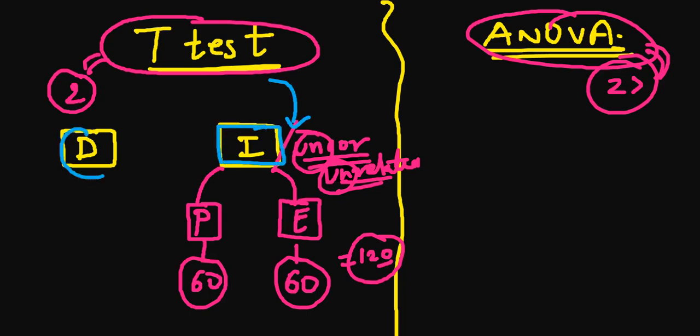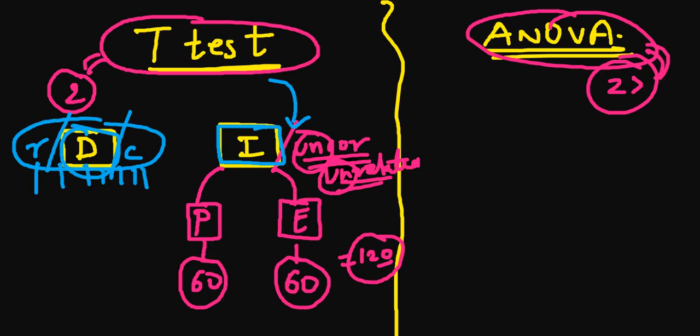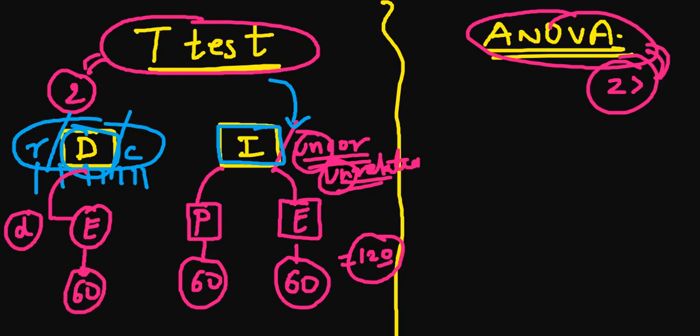Now what is the dependent sample, or what we will call the correlated sample, or the related sample? Everything is the same thing. I mean, these three terms are pretty much exactly the same. Now we want to just check the effect of this drug on students of economy only. How many economy students we took? 60.